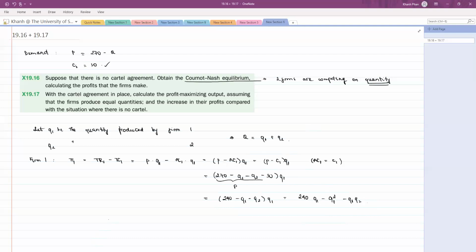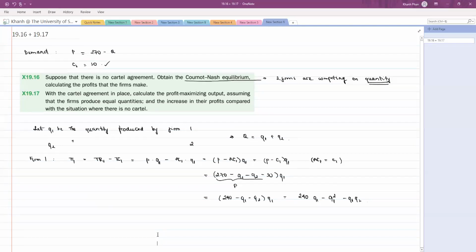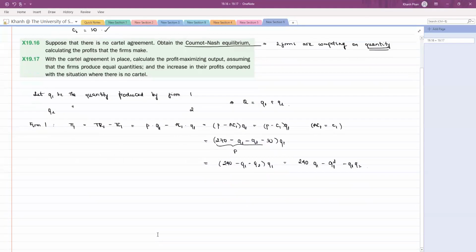That's the profit for firm 1. We'll do exactly the same thing for firm 2 by writing its profit, but before that, let's finish with firm 1 first.